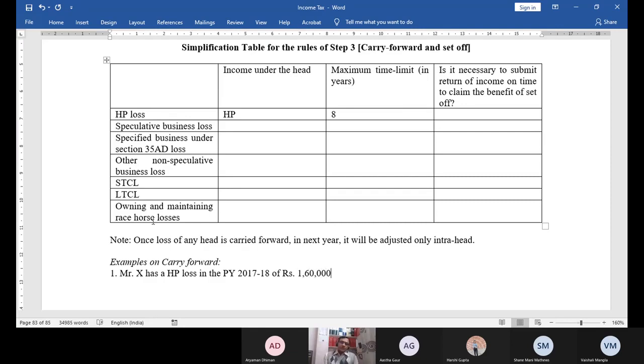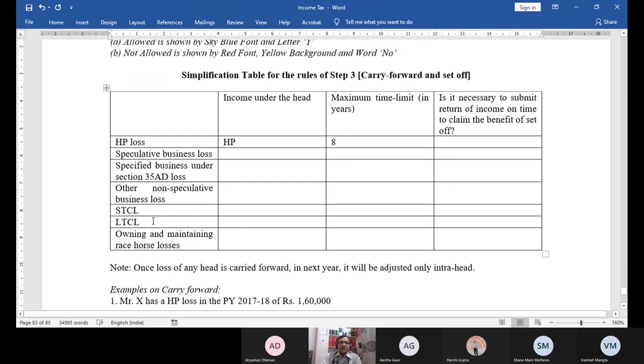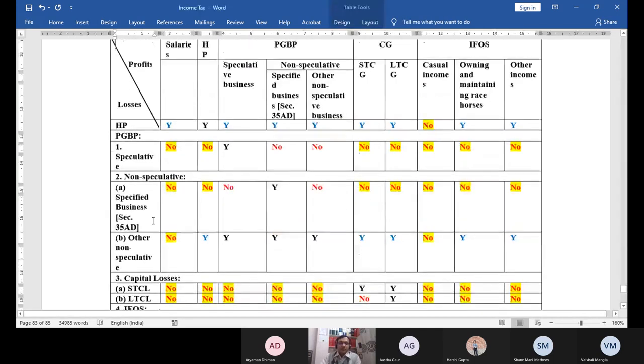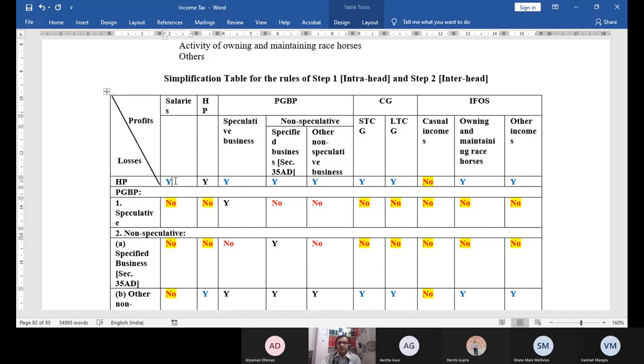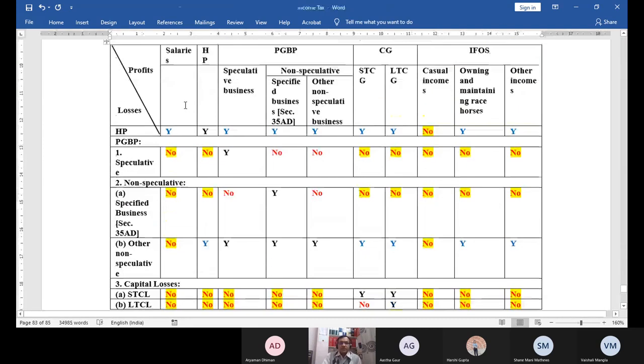Okay, one thing I forgot to tell you: in this intra-head or inter-head rule, HP loss is allowed to be adjusted, but the maximum limit is 2 lakh rupees. So this point I forgot to tell you. Please remember it. I am writing a star here so that you can learn.